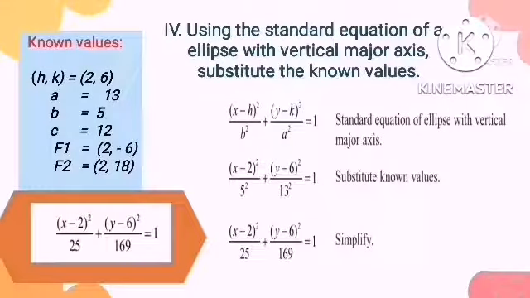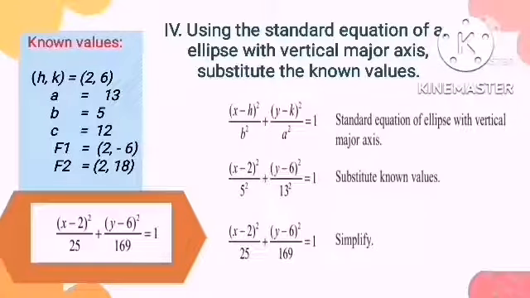Since we already know the unknown values, we will now proceed in solving the standard equation of an ellipse with vertical major axis using the quantity of x minus h squared over b squared plus the quantity of y minus k squared over a squared equals 1. And then let's substitute the values given in the blue table at the left side into this equation.